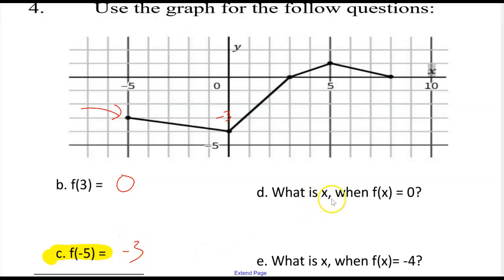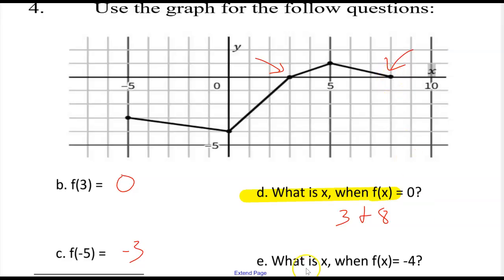Now here it says what is x when f of x is 0. In other words, when y is 0, what is x? So y is 0 right here and here. And at those two spots, x is 3 and 8.